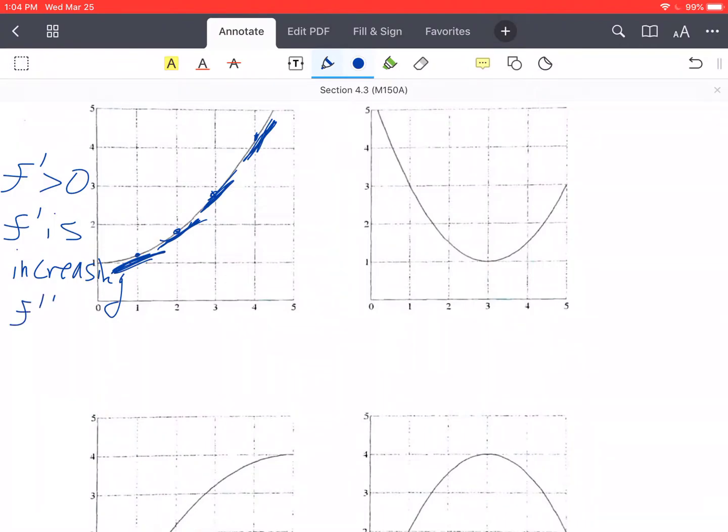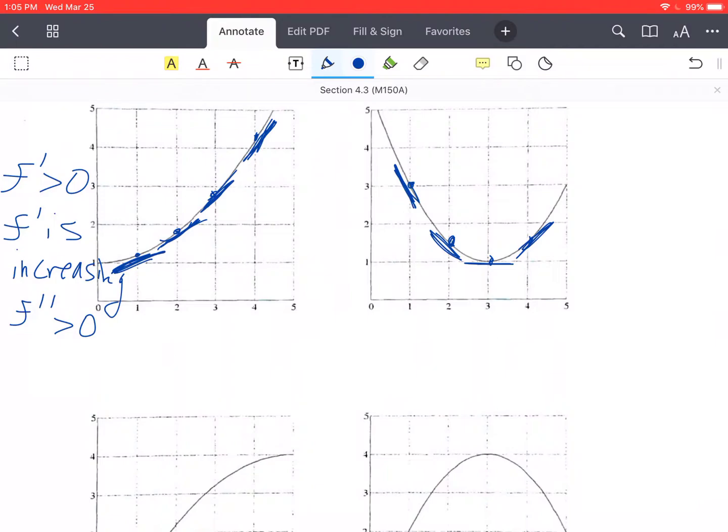So that means f double prime must be positive. Okay, so f prime is increasing. The slopes are getting larger, which means that the second derivative must be positive. And then for the second one, if we look at some tangent lines over here, this one's a little different because we have a graph that goes from decreasing to increasing.